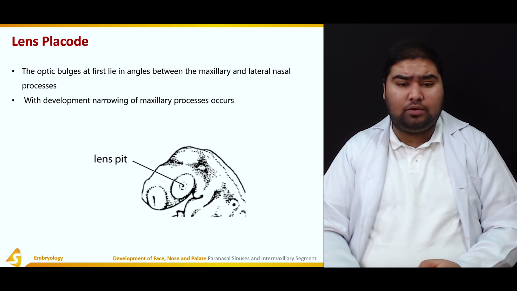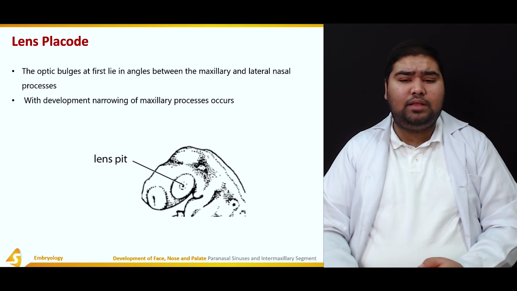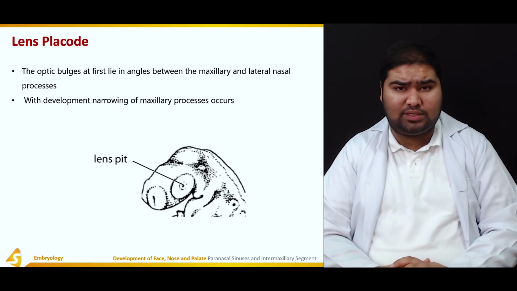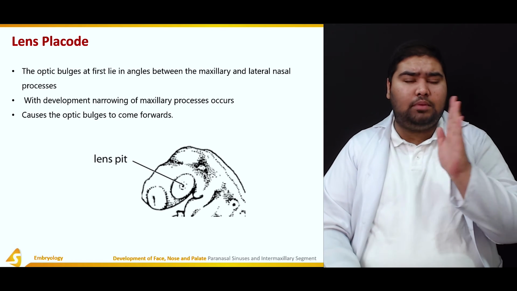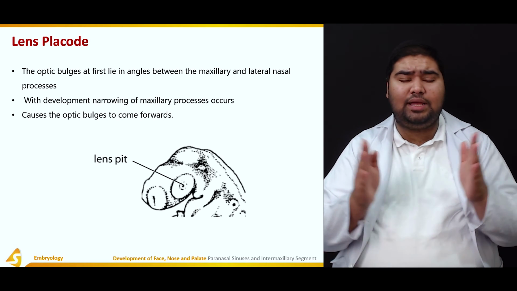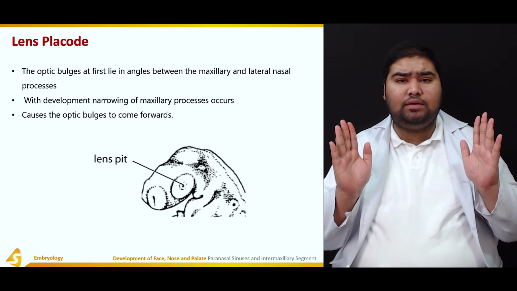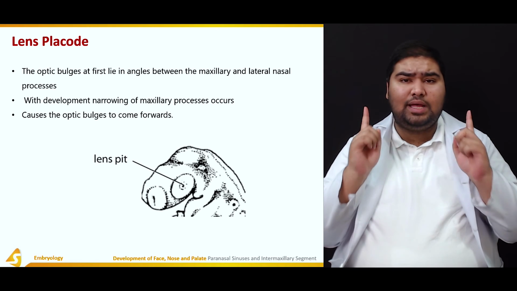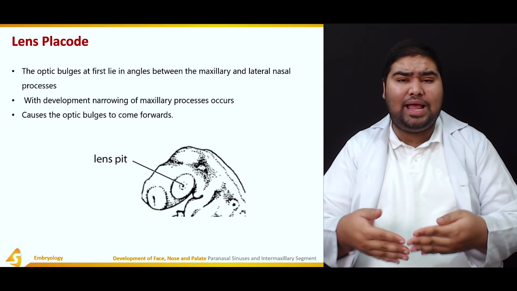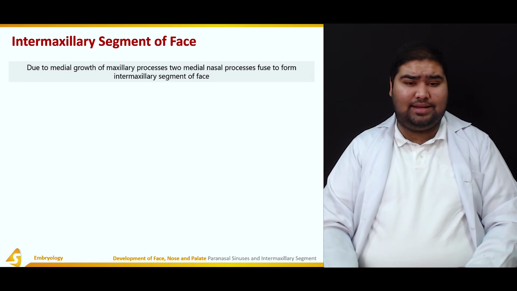However, with development, narrowing of the maxillary processes occurs. This causes the optic bulge to come forward. Initially they were lying slightly laterally, but the fusion and shrinkage of the maxillary process causes these lens placodes to come to lie anteriorly.